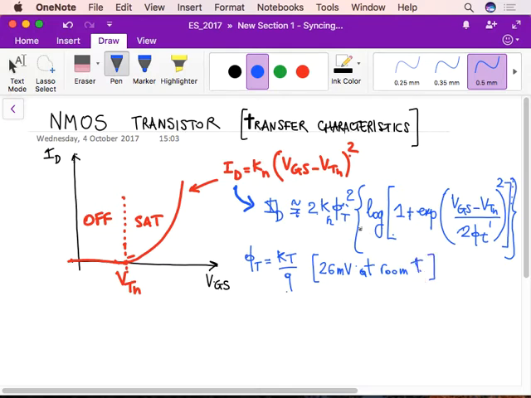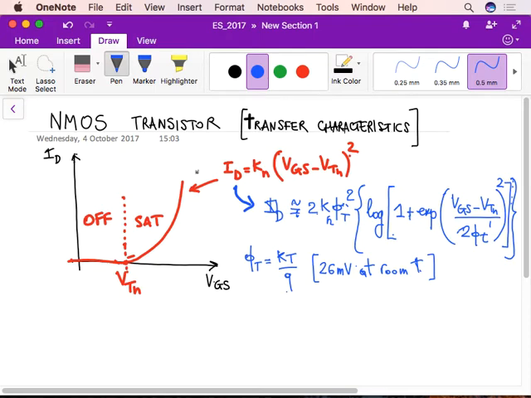So you should see here that when (VGS minus VTN) over 2 phi t is much larger than 1, the exponential dominates with respect to 1, so we can discard 1 here. Therefore, we have a logarithm of an exponential, which gives us the argument of the exponential, and therefore we have this expression that is written here in red.